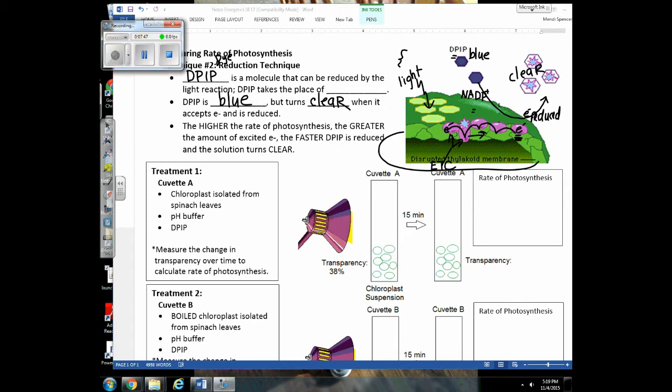If we have greater light intensity, we're going to have a greater amount of electrons being excited. So more DPIP gets reduced, and we're going to see a faster change in color from blue in our cuvettes to clear, indicating a high rate of photosynthesis if we have a high rate of color change. So DPIP is basically taking the place of NADP+.